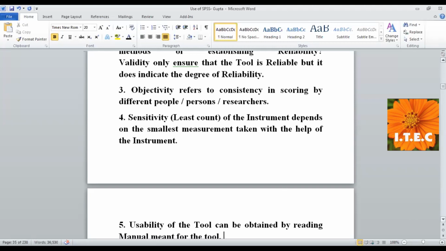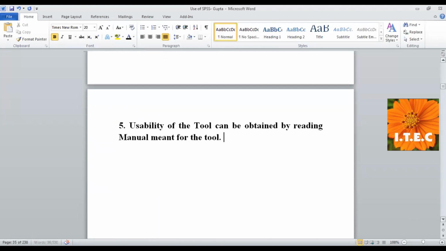For example, if you want to use the intelligence test, the intelligence test developed by the person has got the manual.